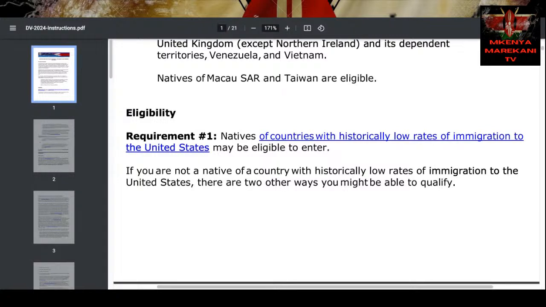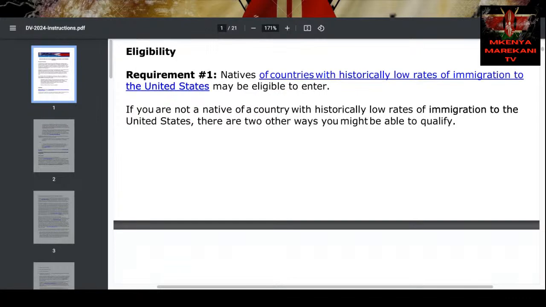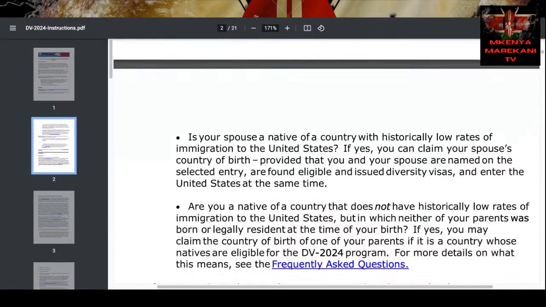So it looks like a lot of Nigerians have been coming to the US, so that's why they gave them a cap. Because they don't want to be unfair, because if a certain number of your countrymen are coming to this country, it means they will just do a small cap so that they can give other people opportunities to also try their luck.